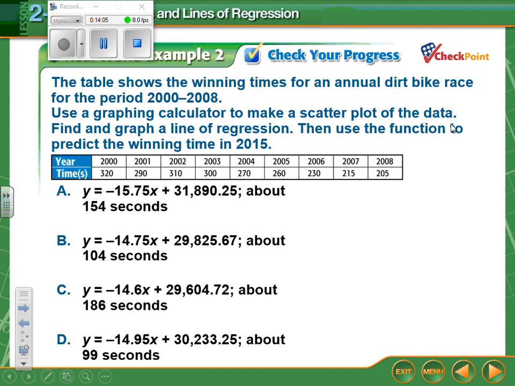Then you can go to the table or you can do the value command and use that equation to predict what it's going to be around 2015. So I'll let you work on that. Pause the video now, see if you can come up with the right answer, and when everybody's got an answer, you can agree on an answer, then you can continue to play this video and see what it is.